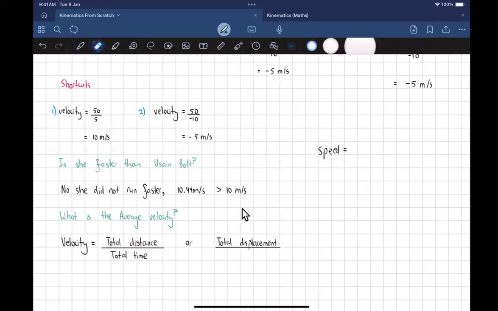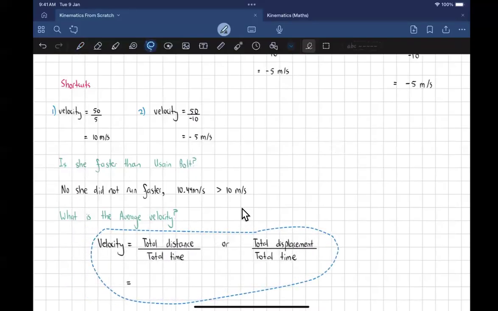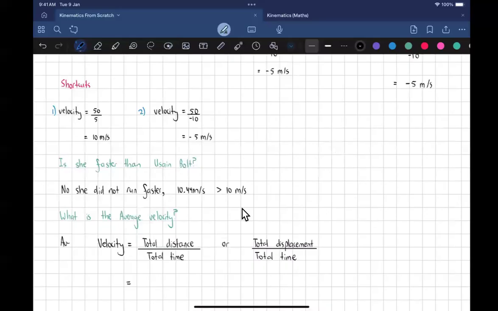Sasha, remind me, what was the full distance she covered? What was the full time she took? 22. Yes, that's the time. And what is the total distance? 50? No, that's not true. Or 100. 100, yes.